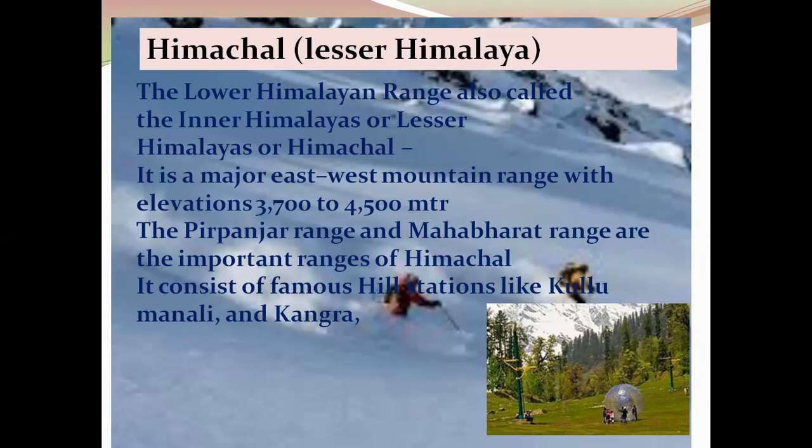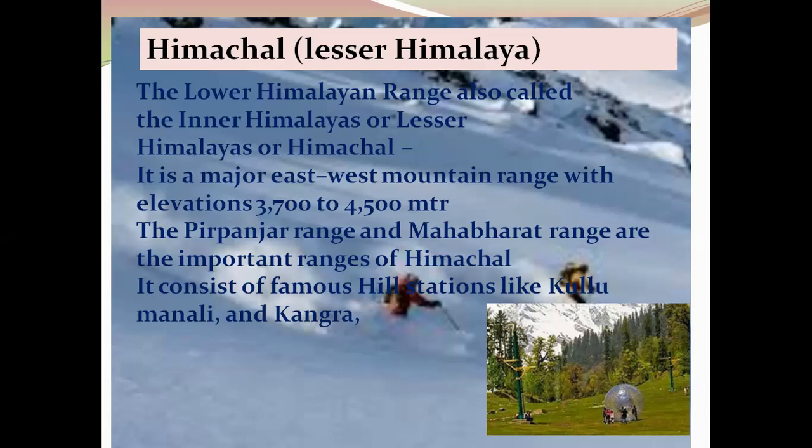First, you have to remember its height is 3,700 to 4,500 meters. Next, two important mountain examples are the Pir Panjal Range and Mahabharat Range. The other special thing is the hill stations here, like Kullu Manali, Kangra, Shimla, which are famous.